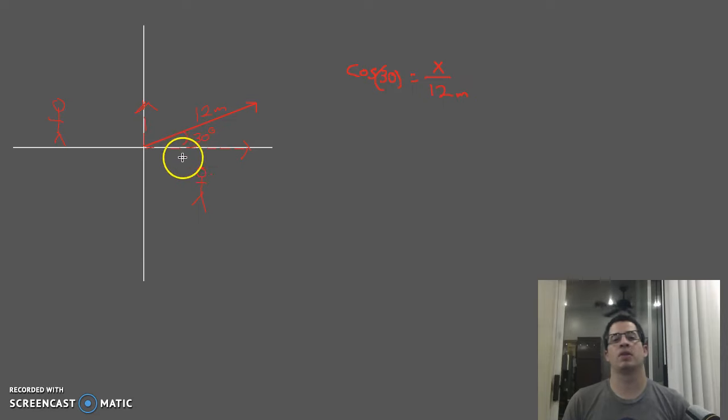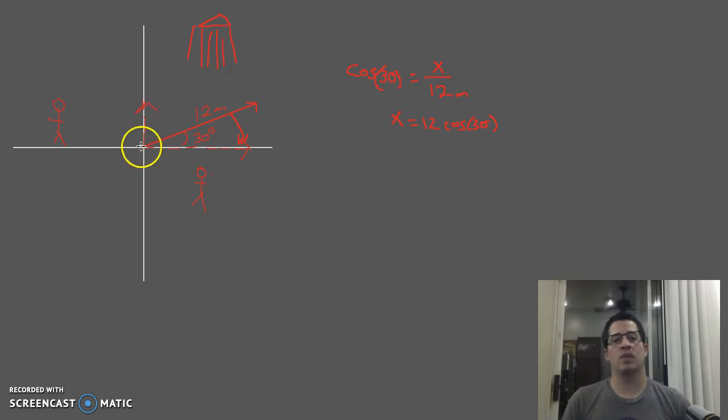Now when we solve this, we multiply the 12 over, so we get 12 cos 30, and what's happening is we're literally taking this vector and projecting it onto the x-axis. It's called a projection because if we were to shine a light on it, that projection would be the shadow of the vector on this axis, okay?